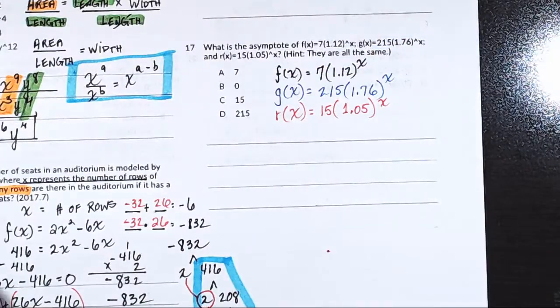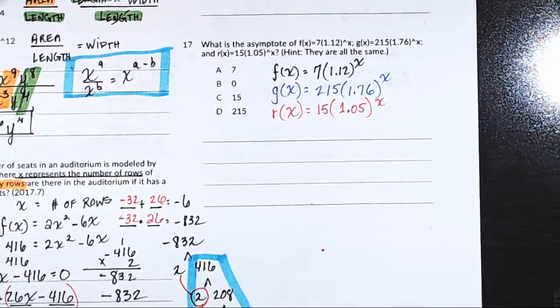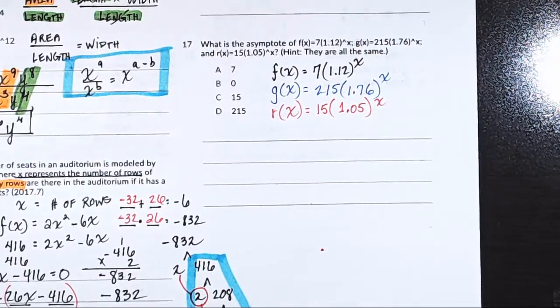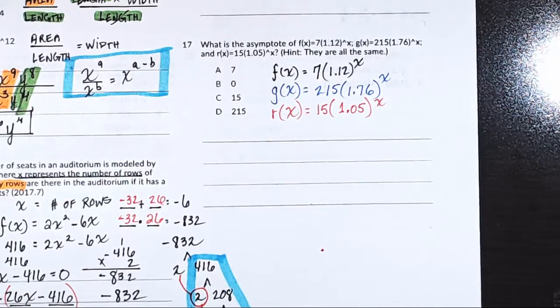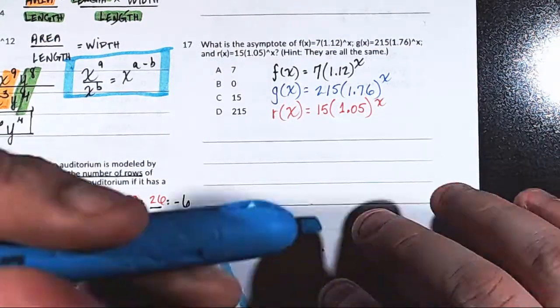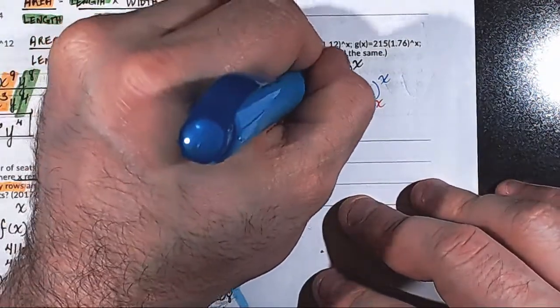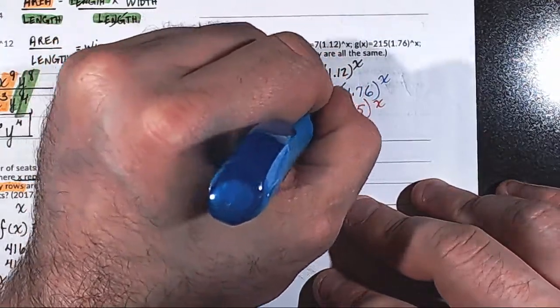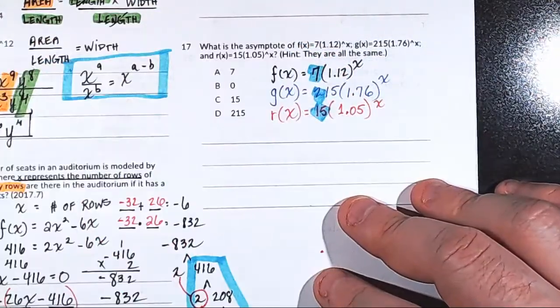Okay, and what it wants us to do is put all those into the calculator and see what the asymptote is. And it will demonstrate a principle of exponential functions. Here's the key, and it wouldn't hurt to review. These are the present values right here, 7, 215, and 15. Those are all the present values.